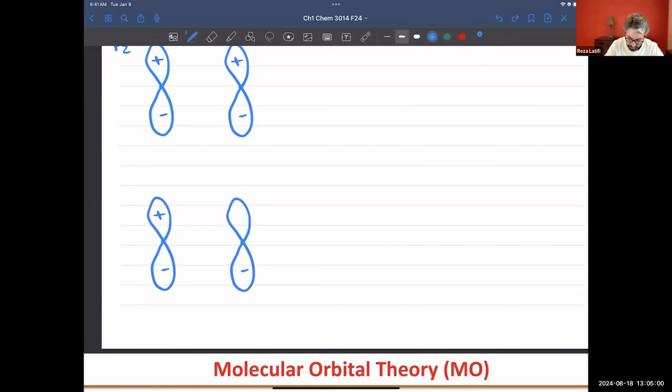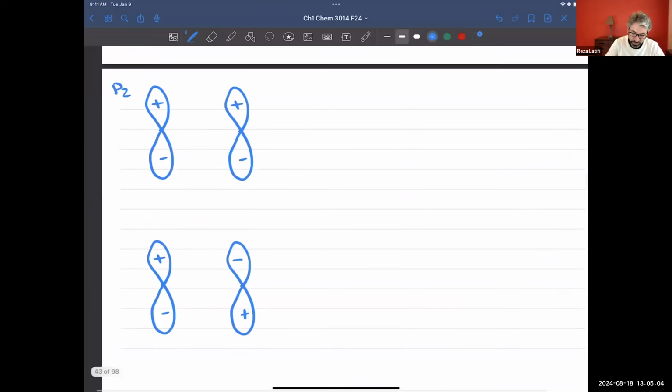This one is going to be negative, here it will be positive. Again, I'm going to highlight positive, positive. This one is positive, and positive is down. Negative, negative, that one is negative here, negative up. We're dealing with pz orbitals.